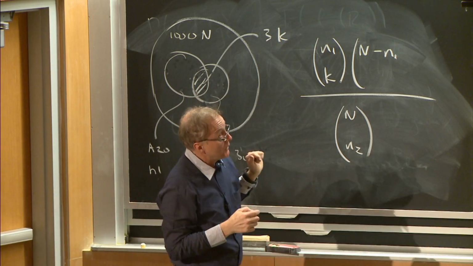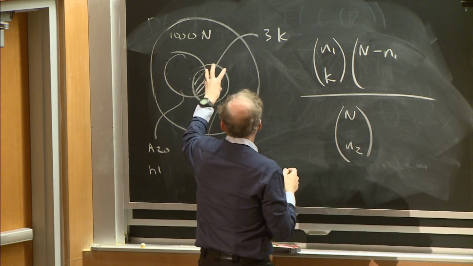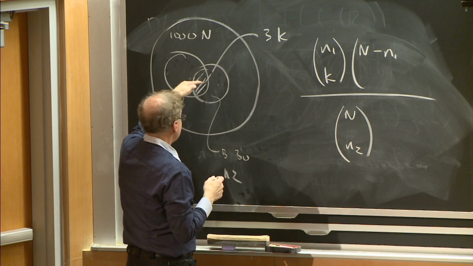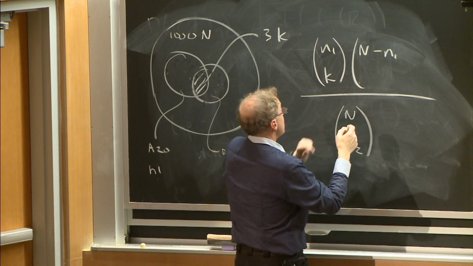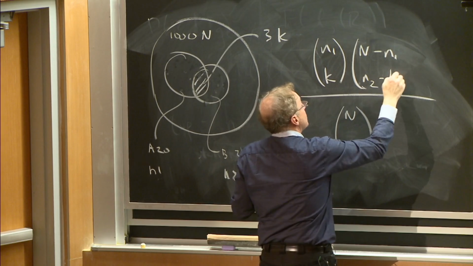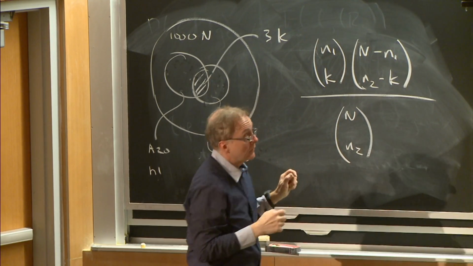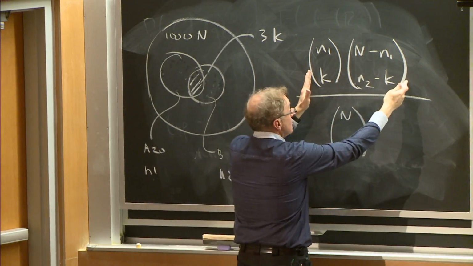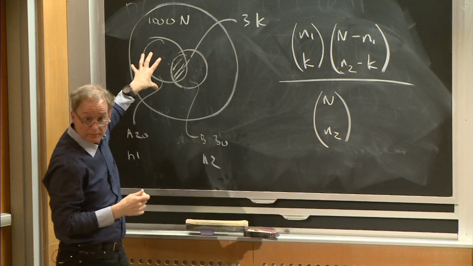And then I need to pick the 27 things that don't overlap with A. So 27 things that don't overlap with A would be N2 minus K. Okay? So this is the number of ways to choose B given this set of constraints.